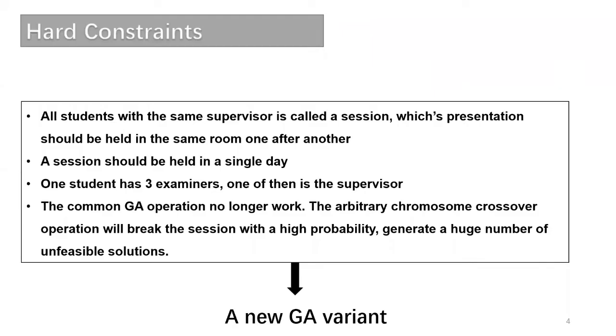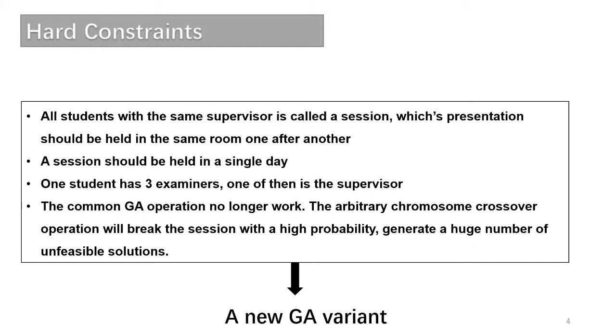So first, the proposed problem. As I said, this is a special ETP problem in Japanese universities. Commonly in Japan, a final year student has to give a presentation in order to evaluate their research. But one special thing in Japan is that students from the same laboratory, with the same supervisor, are called a session.